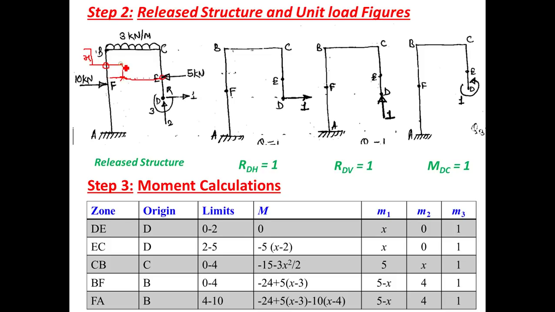The complete distance from top to 5 is 3 meter, and this distance is x. So if you subtract x from 3, we get this distance, that is 3 minus x. Please understand, 3 minus x is the perpendicular distance of 5 about this point.